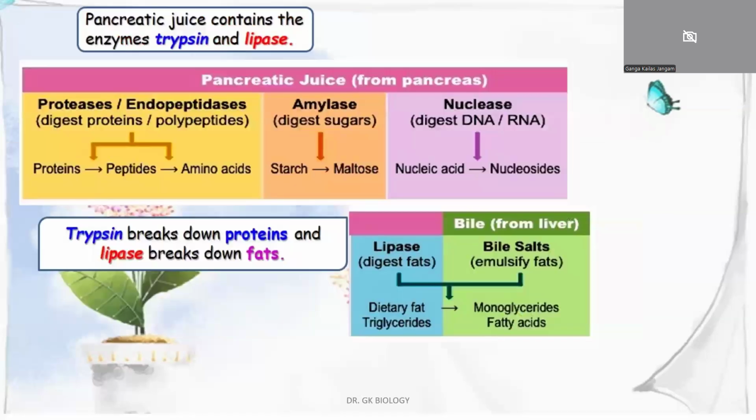Now here you can see that the pancreatic juice contains enzymes called trypsin and lipase. Trypsin converts proteins into amino acids, and lipase acts on the small fat globules and converts them into fatty acids.